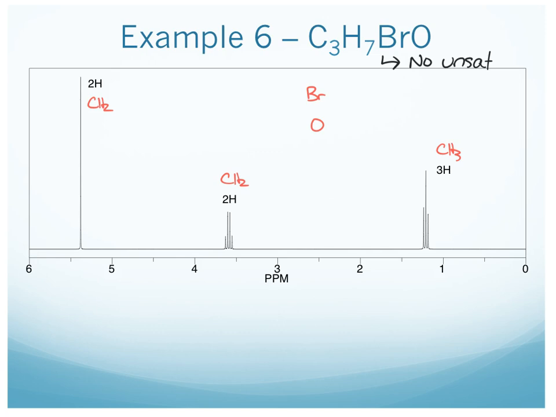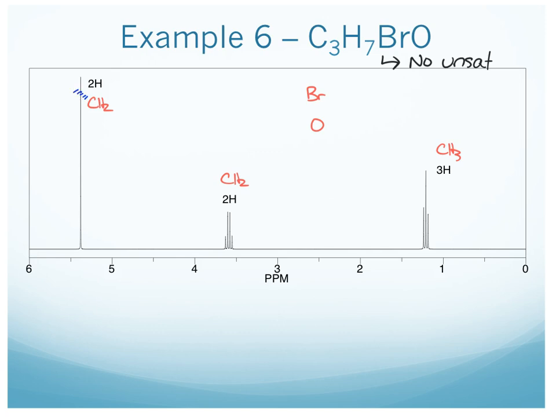Okay, a couple of notes we'll make. This CH2 down here at 5.5, okay, well, it's not a double bond proton. Even though you're getting near that double bond region, we know there's no double bonds because there's no unsaturations.